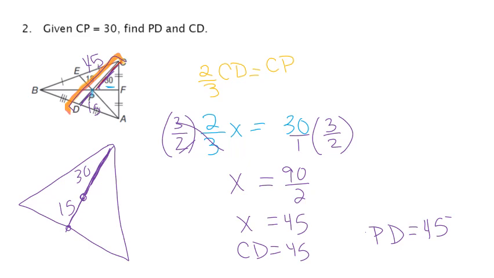And you might notice that the relationship between 30 and 15, if I take 30 and divide it by 2, I get 15. That's another way you can do the same problem. If I had the whole segment, you could do the 2/3. But if you didn't want to substitute everything in, you're always going to have a 1-to-2 relationship as well.